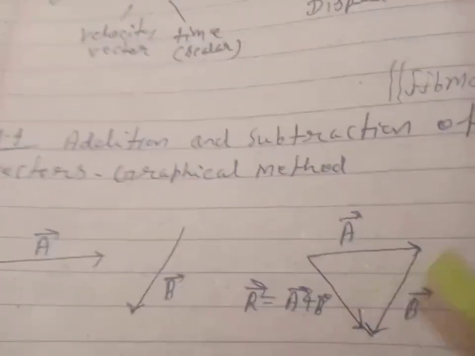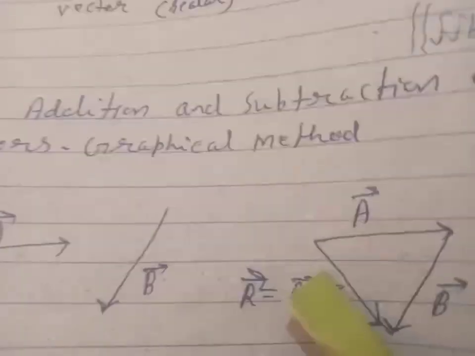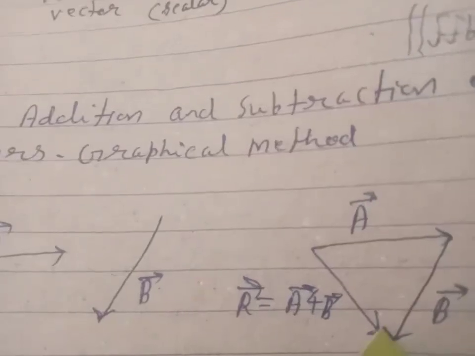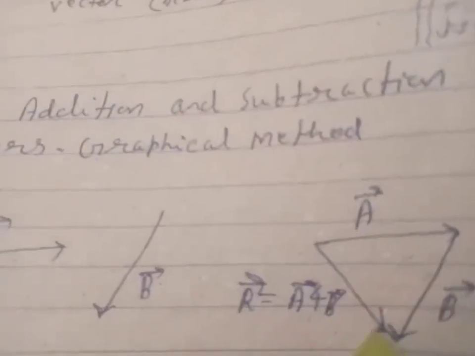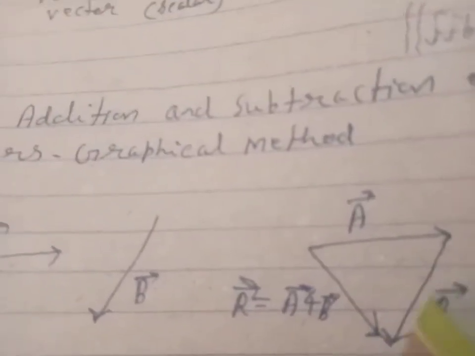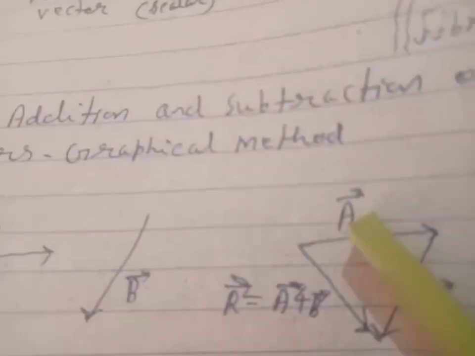We put the tail of B vector on the head of A vector and draw a line from the tail of A vector to the head of B vector, giving the arrow direction toward the head of B vector. This will represent the resultant of A vector plus B vector, that is A plus B.